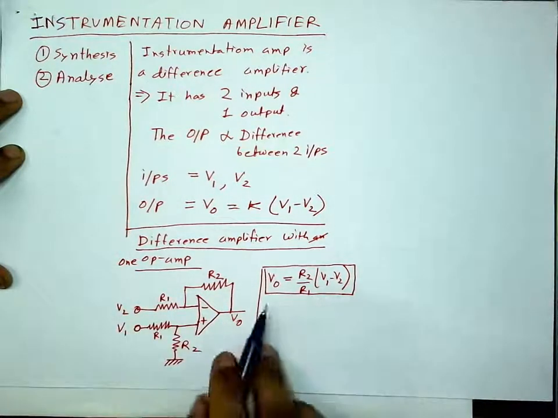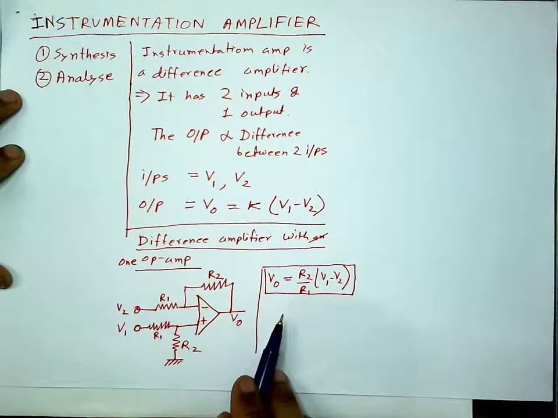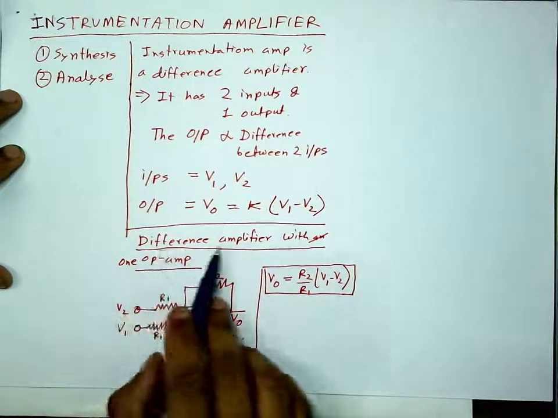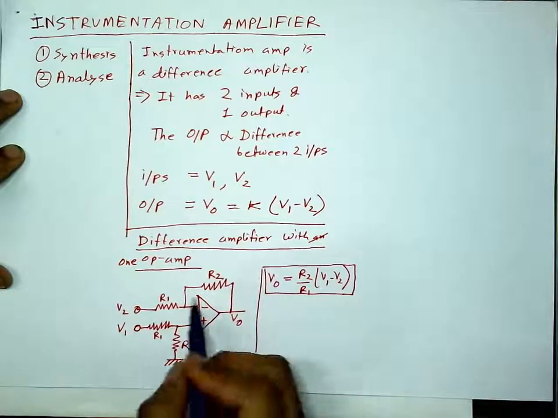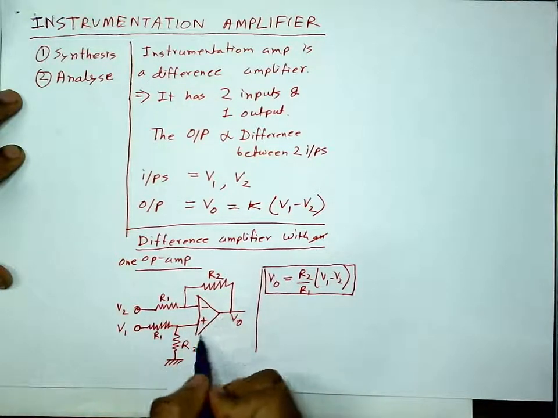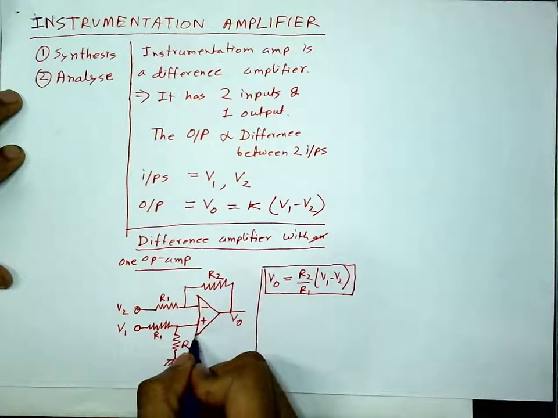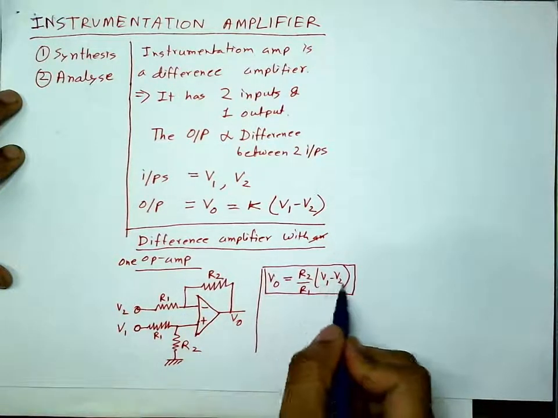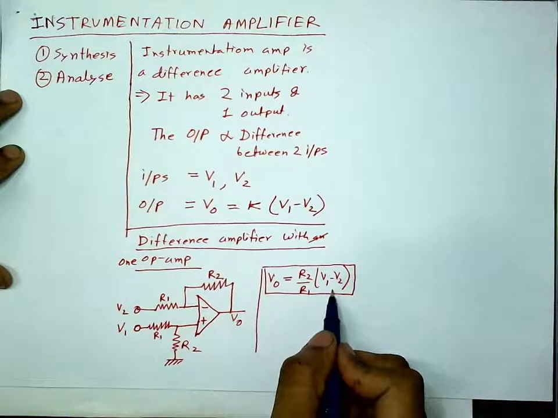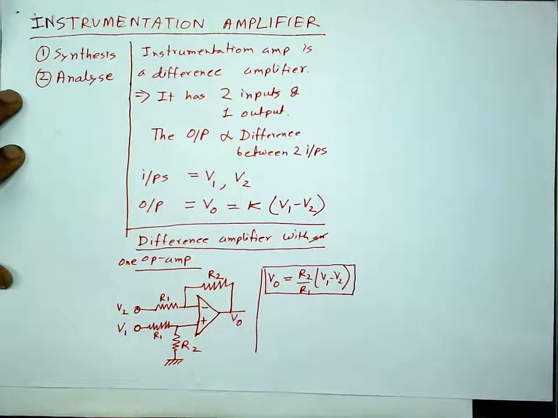Okay, so this is also a difference amplifier, and that's why its name is difference amplifier. But this difference amplifier is made up with one op-amp. So there is only one op-amp which amplifies the difference between the two voltages V1 and V2.